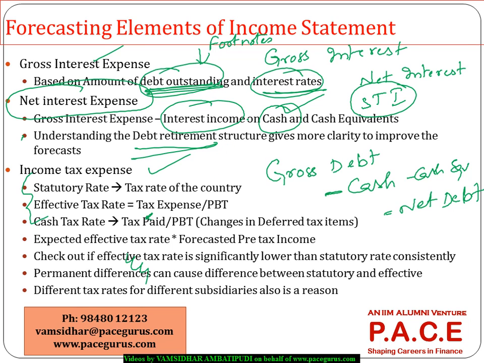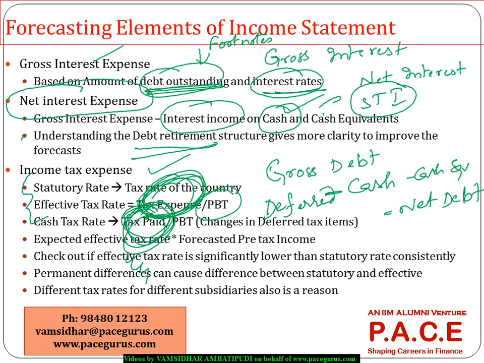The effective tax rate is actually the tax expense as a proportion of the PBT, and cash tax rate is the tax that is actually being paid. There is a difference between these two aspects because of the concepts associated with deferred taxes. What is the tax which I am actually paying versus what is my tax expense?